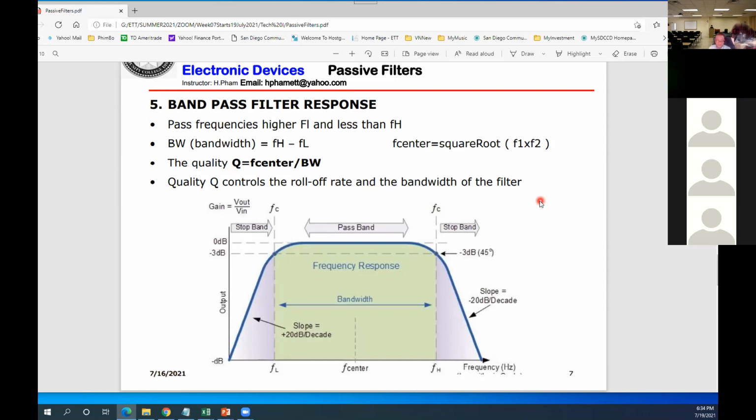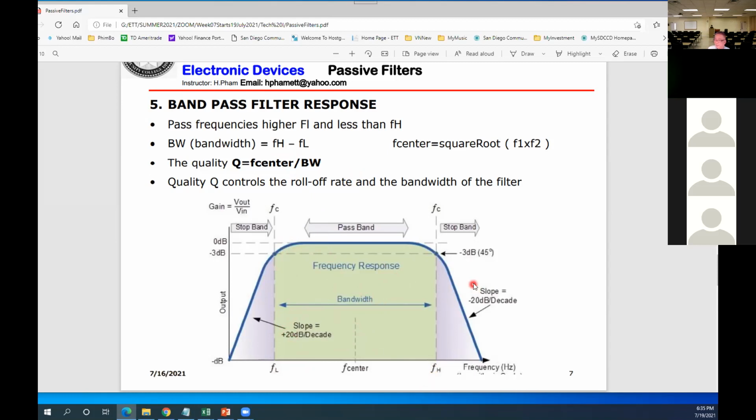At a minimum, when you see that output signal, you should be able to tell what the bandwidth of the pass band is, which one is the stop band, and which are the cutoffs: the lower cutoff and the high cutoff. If you want to calculate the bandwidth, take the high frequency cutoff minus the low frequency cutoff.